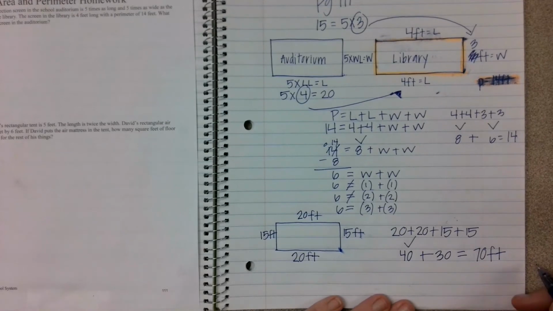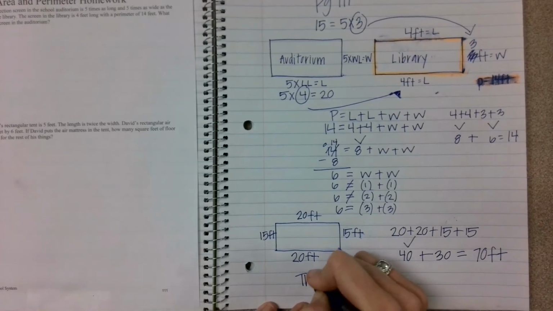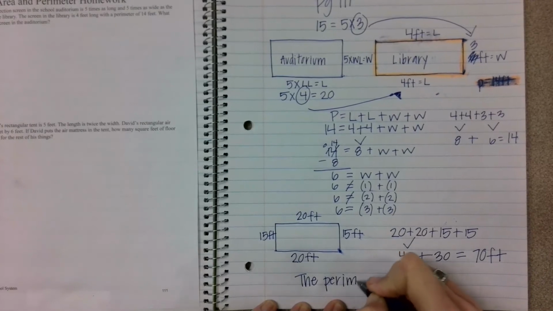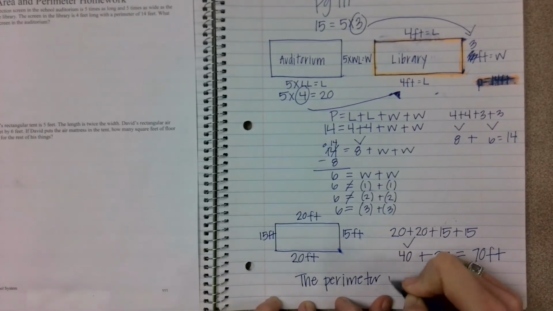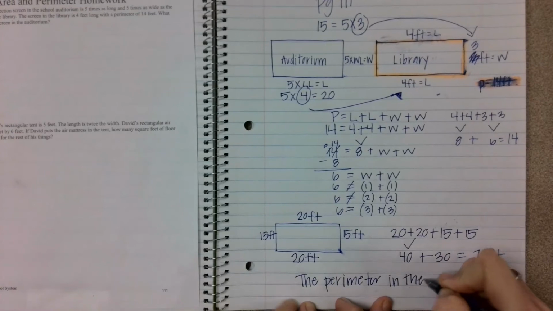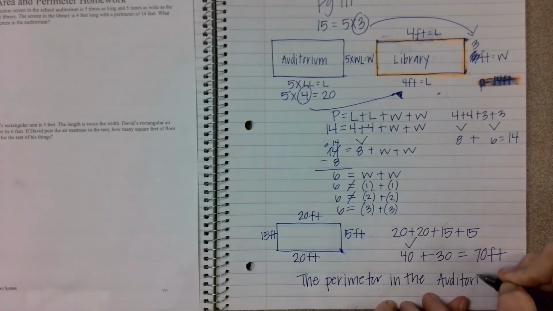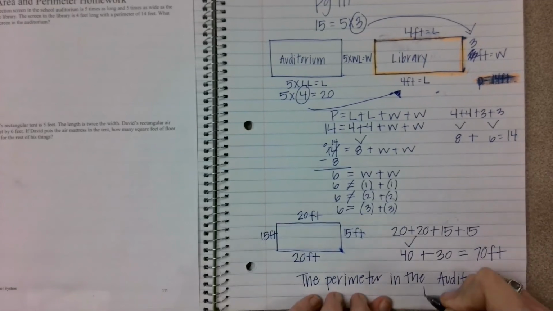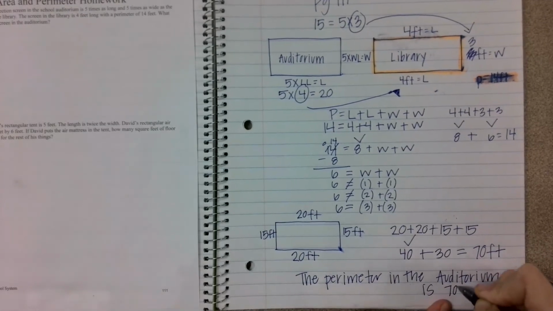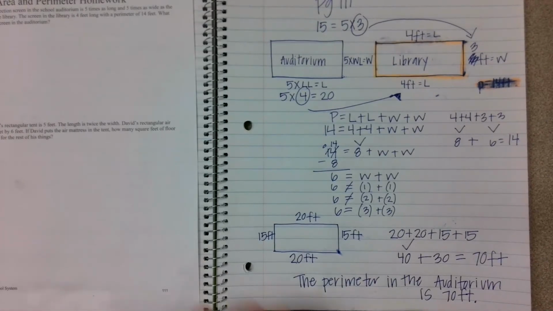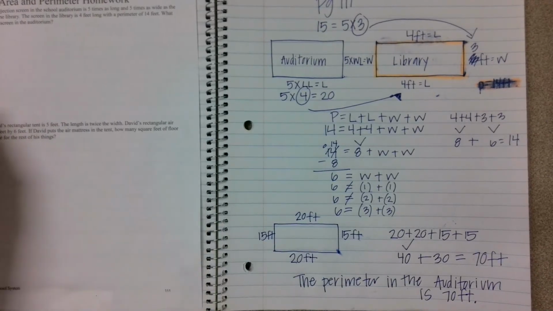So the perimeter, you can write the perimeter in the auditorium is 70 feet.